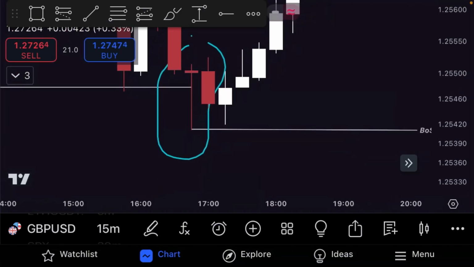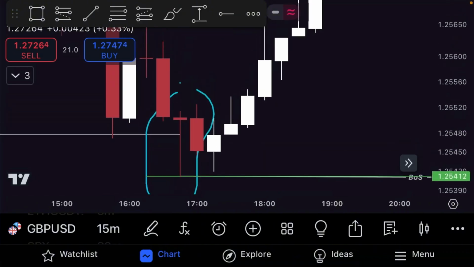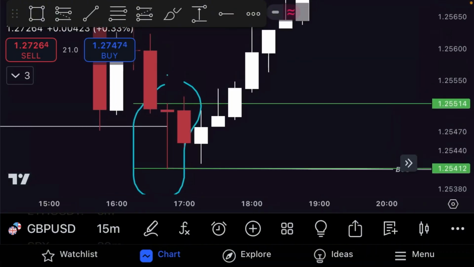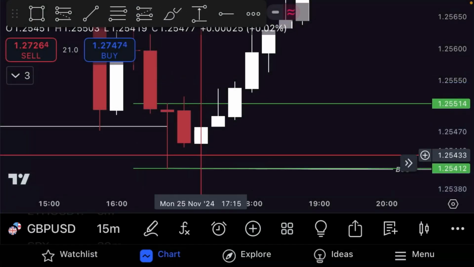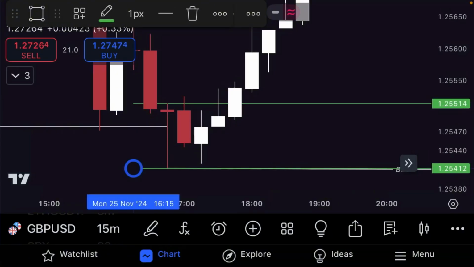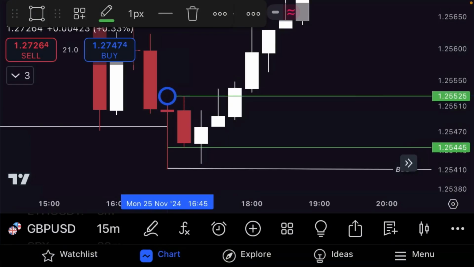Now let's map out this low. This is the low area and this is the high area. It's very simple. I'm looking for the first one above it, and the first one went above it. Let me just take this out so that you can see it clearly. So the first one went above it, and we have this side and this side. I'm looking for the next one to go above it.